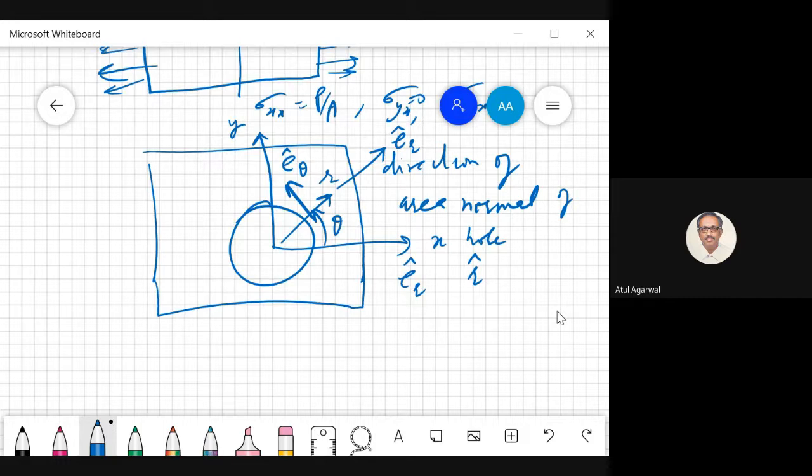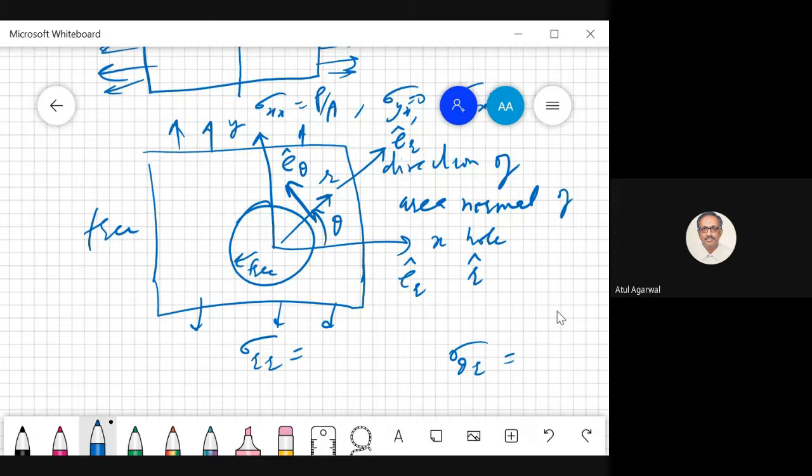So what is sigma RR? Anybody? It's a hole, so it's a free boundary, just like these other free boundaries. It's not a pressurized hole.